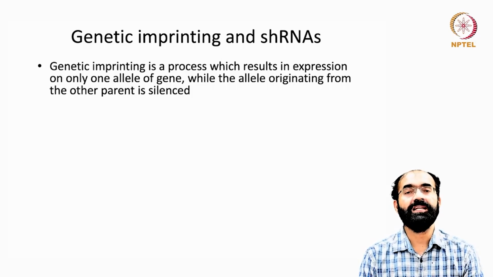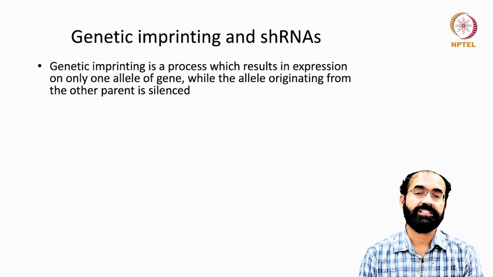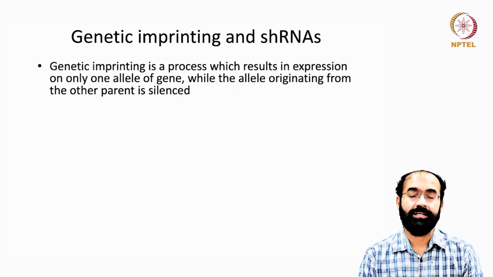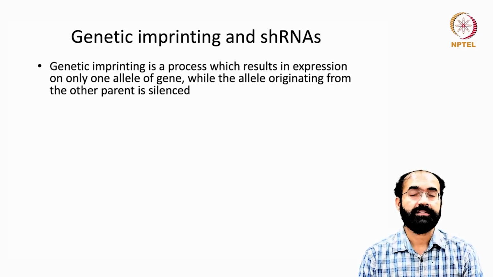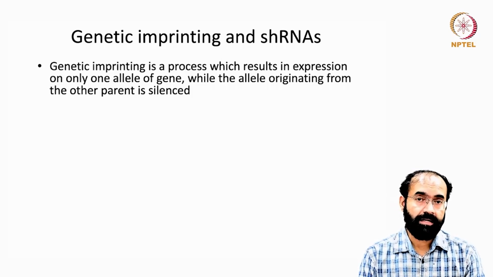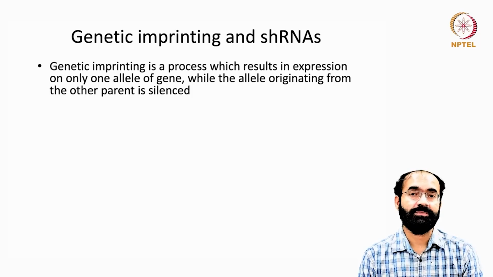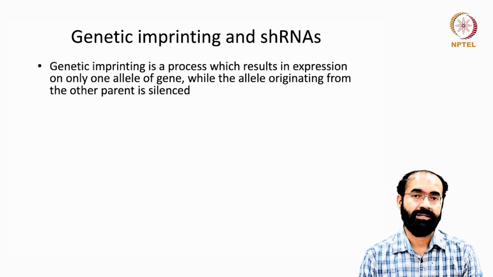But this monoallelic gene expression to a large extent is imprinted. Imprinted means it can't happen randomly. Like with the X chromosome we saw that randomly one of the X chromosomes is inactivated at a much later stage in embryonic development.